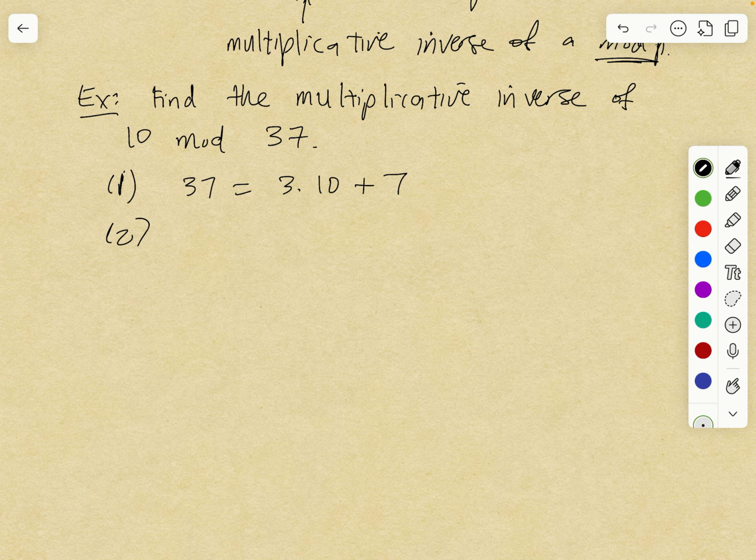The second equation is 10 is 1 times 7 plus 3. And the third equation, so we have 7 and 3: 7 is 2 times 3 plus 1. And so the GCD is the GCD of 3 and 1, which is 1. So we have a 1, and with that we can stop.